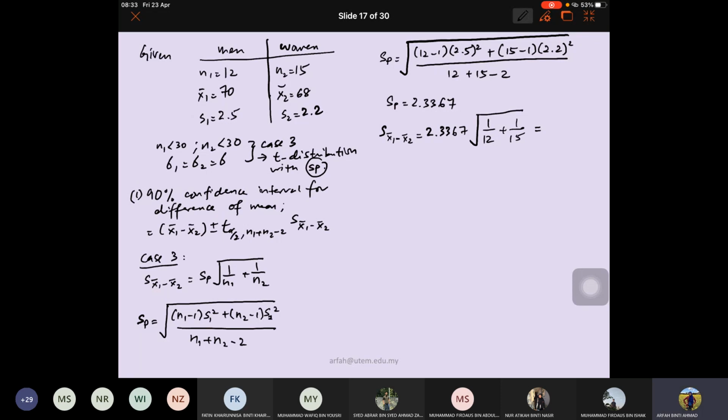Dapat berapa ni? 0.905. Ya, betul. 0.905.